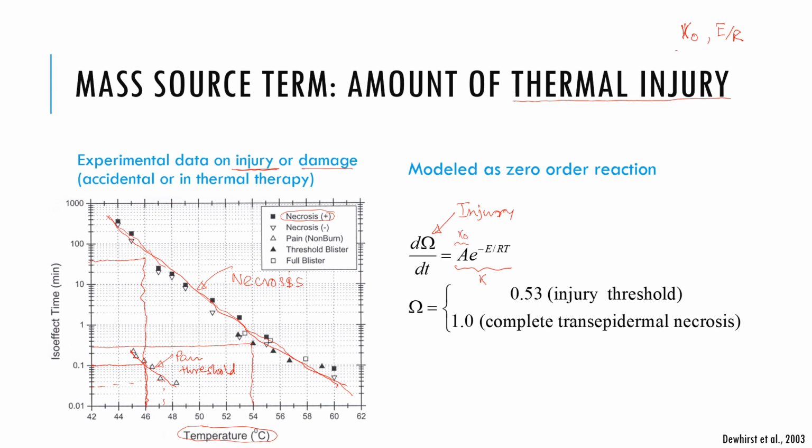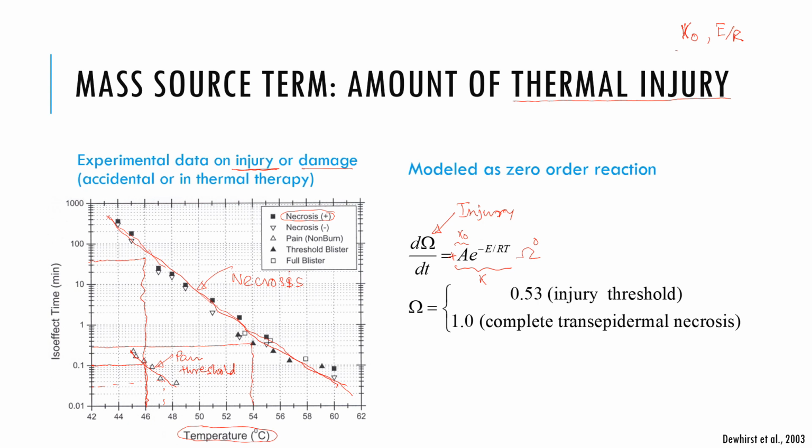There is omega raised to the power 0, which is 1, which is why omega is missing on this side. It's a 0th order reaction that increases, so there's a positive sign here. So injury increases with time.